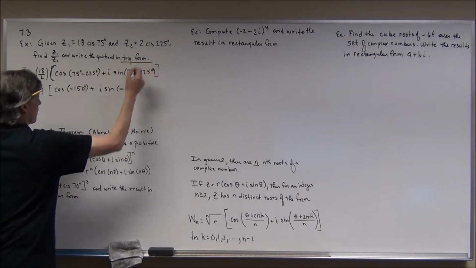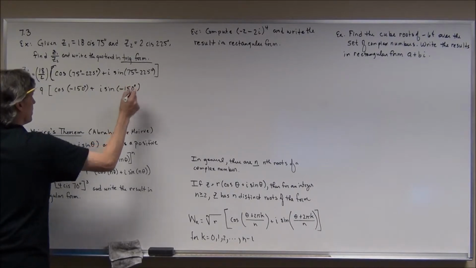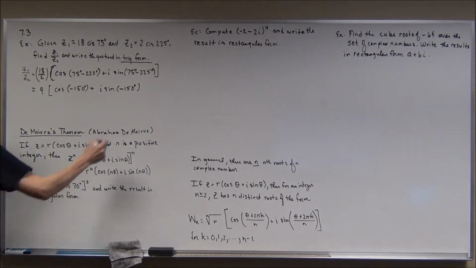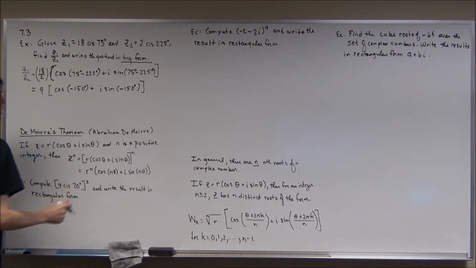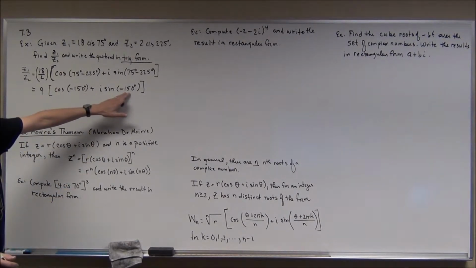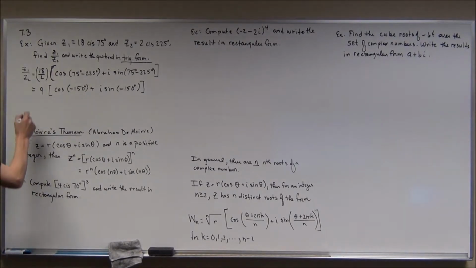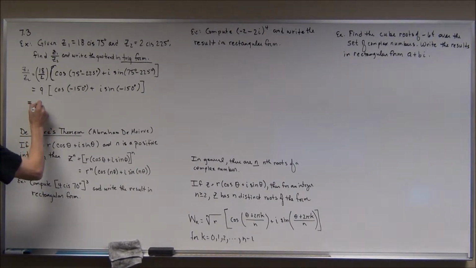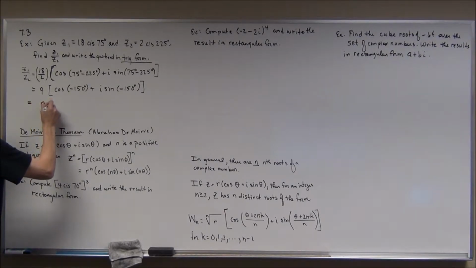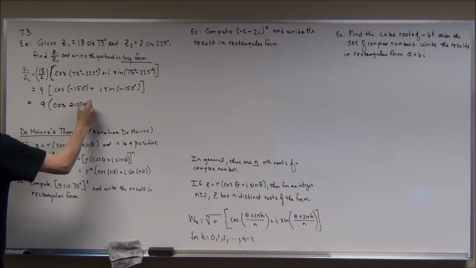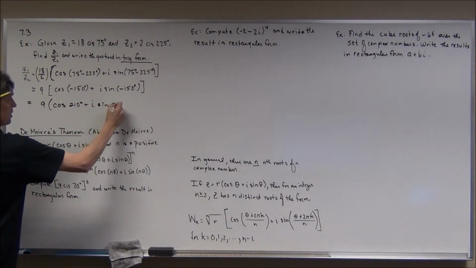Now I want it in trig form, or polar form. So the only thing I'm going to do is rewrite this using a coterminal angle to negative 150. I'm going to add 360 to this, and that would give me 210. So that would give me 9 times the cosine of 210 degrees plus i sine of 210 degrees.